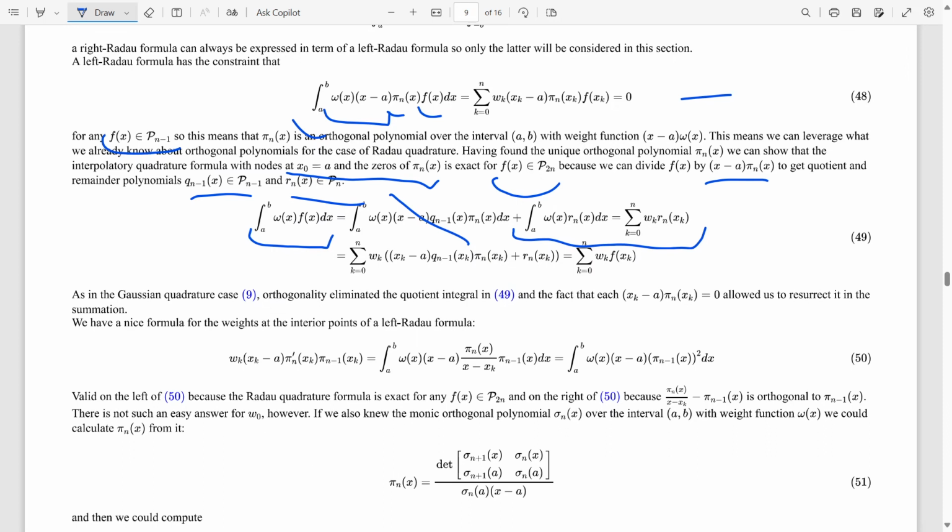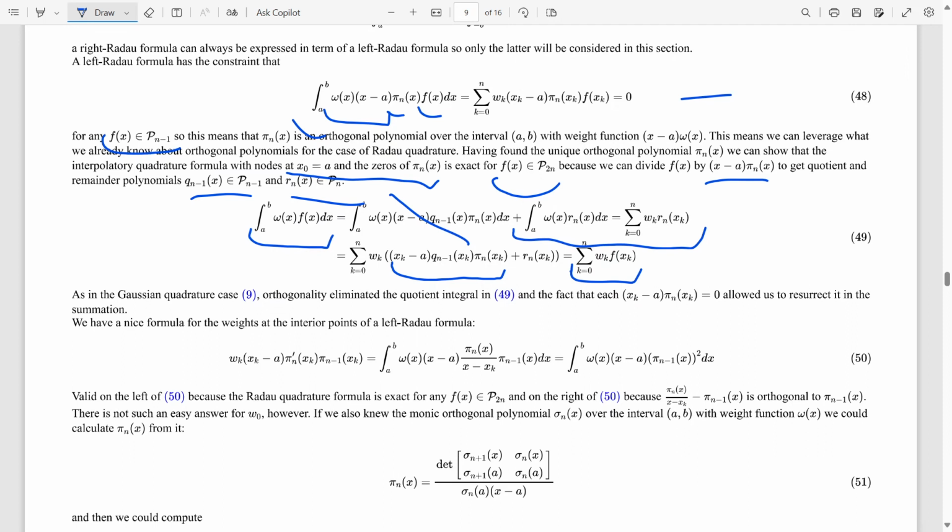Then we can go back and put in the quotient part of xk, because it's 0 at each xk, and that reconstitutes f of x, proving that our formula is in fact exact for any polynomial of degree at most 2n.